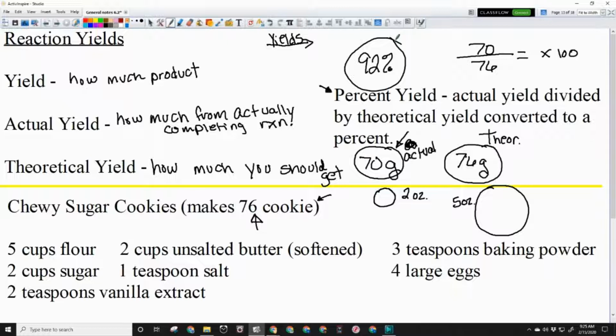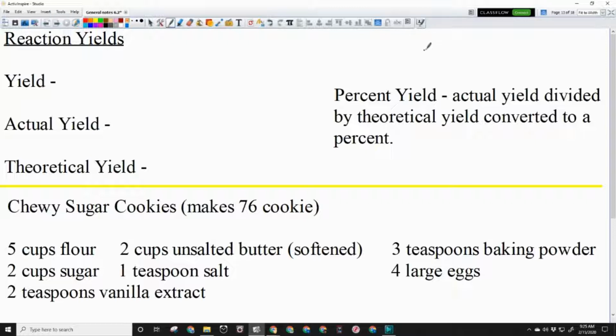So what you want to shoot for is a 90% or better yield. So if you conduct an experiment, and let's just say it says that you should get 76 grams, but you only get 20 grams. So that's going to be 20 divided by 76. And then multiply that answer by 100 to get percent.